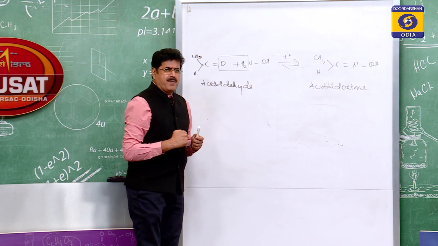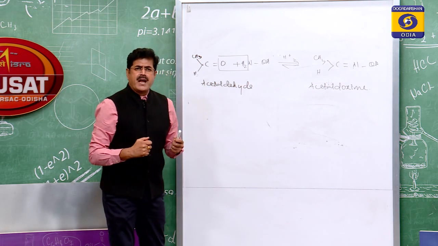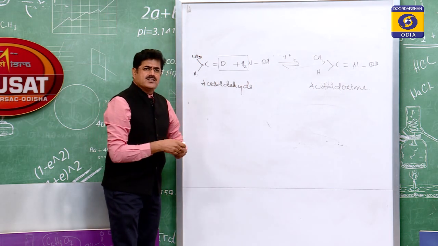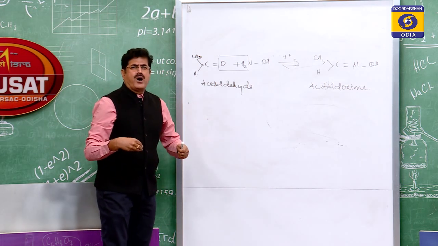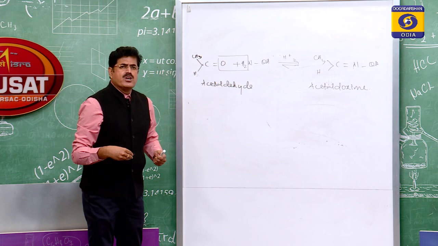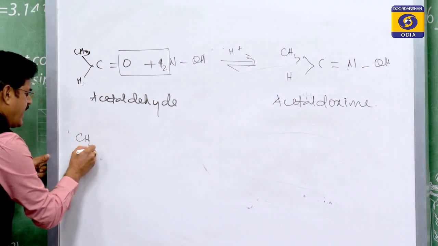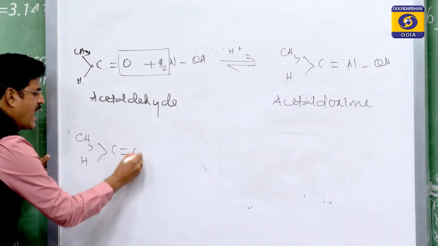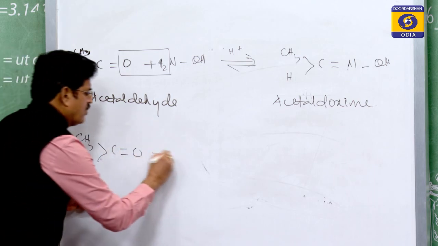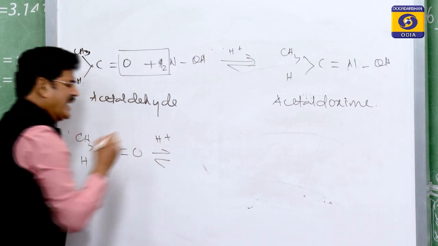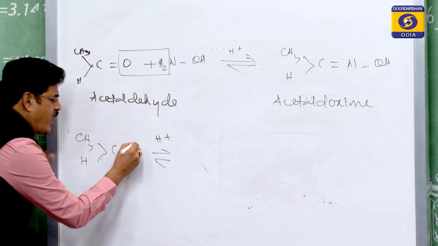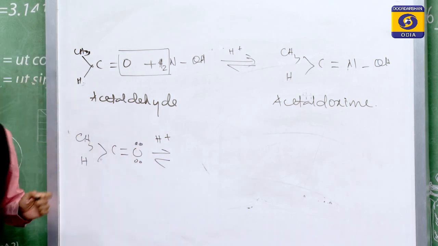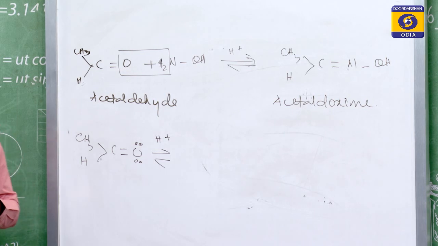Why acidic medium, students? It is because the acetaldehyde should be activated for the nucleophilic attack. How is it possible? Aldehydes and ketones, when treated with acid, act as a Lewis base. Here oxygen is basic, due to the presence of lone pairs of electrons on the oxygen atom.